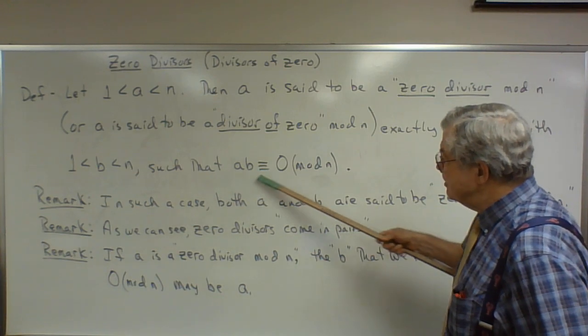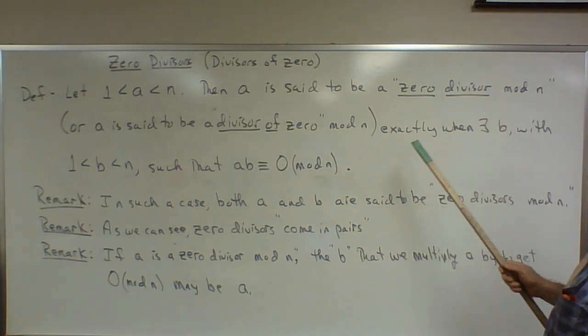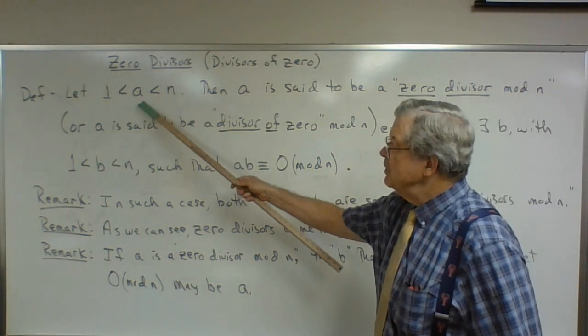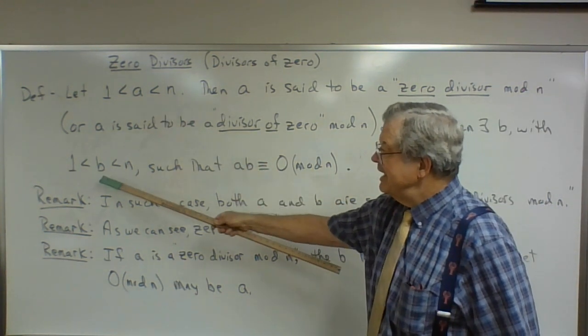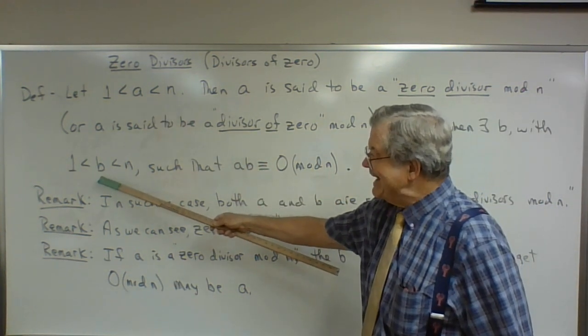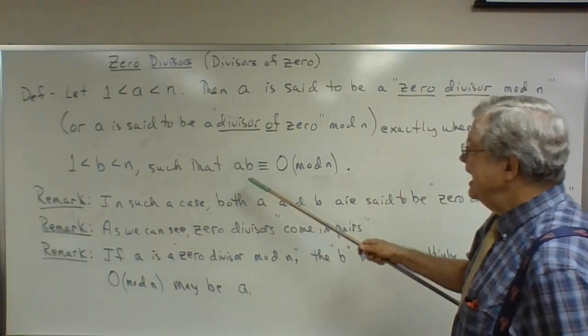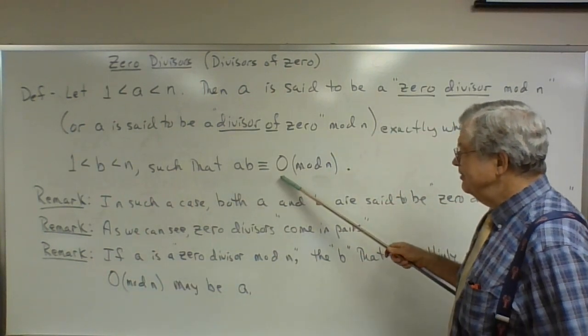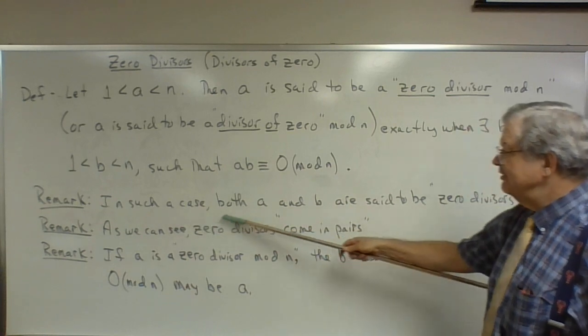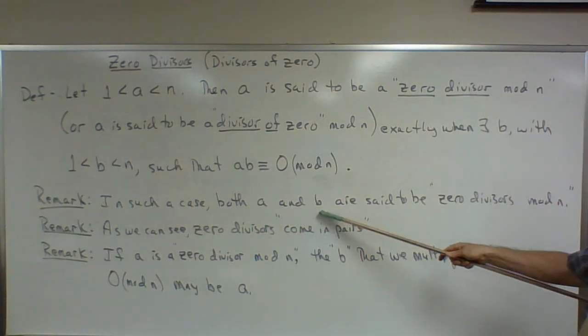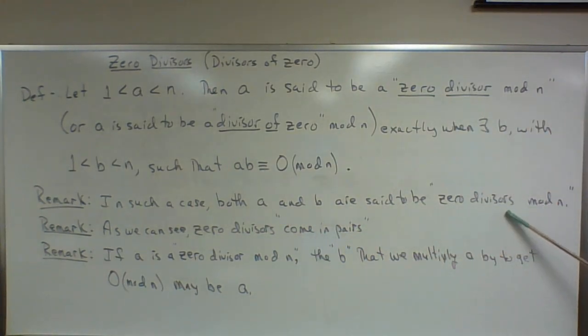When A is between 1 and n, not inclusive, and B is between 1 and n, not inclusive, and A times B is congruent to 0, both A and B are said to be zero divisors mod n.